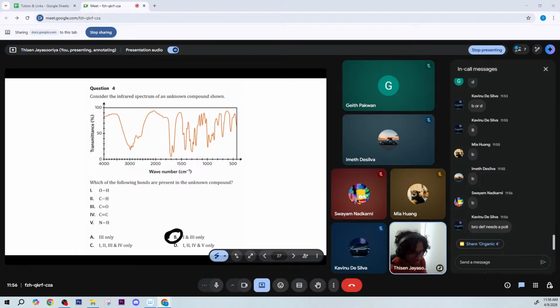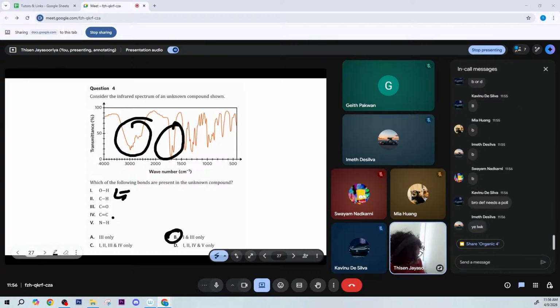So here's B. The reason being is that the only things that we know are present are this and this. There's no way we can determine if either of these two are present. Like here, we could say that it's present because we have this OH, right? But it could just look like this.